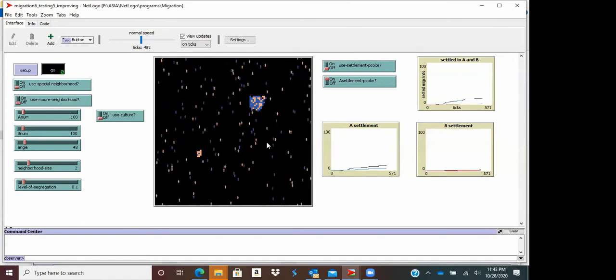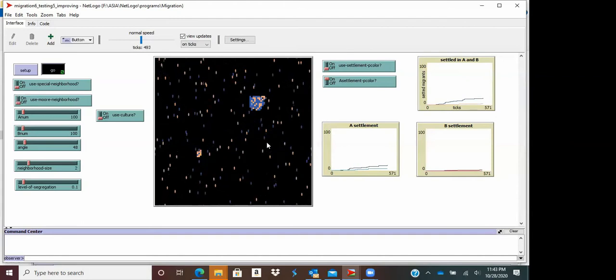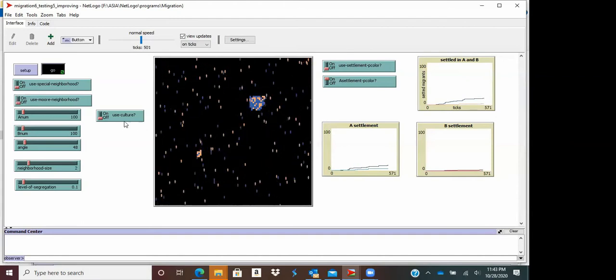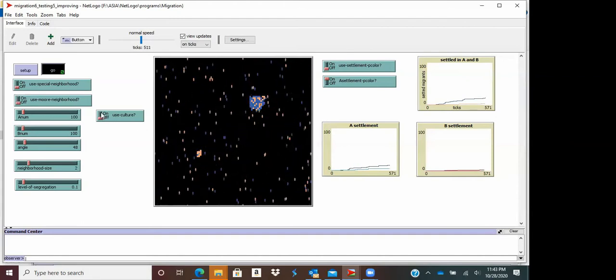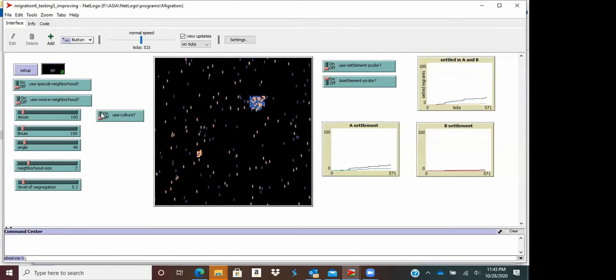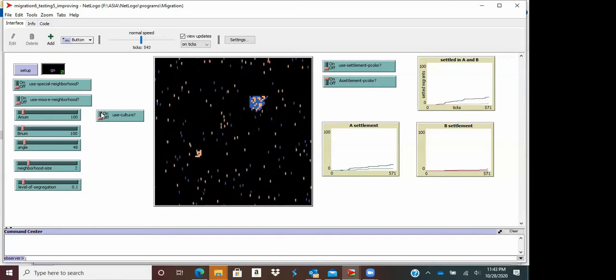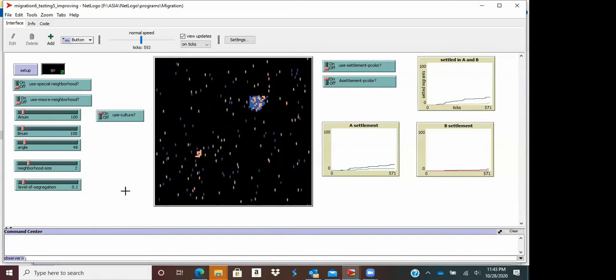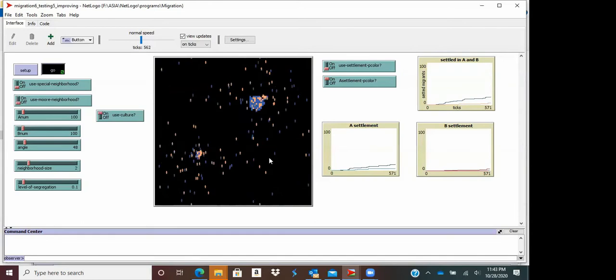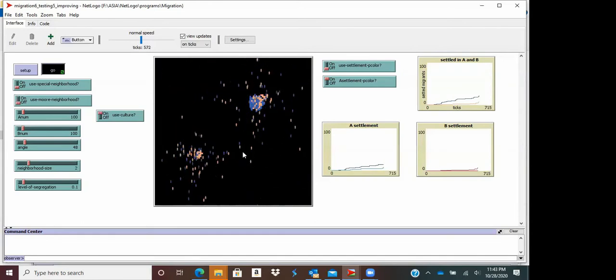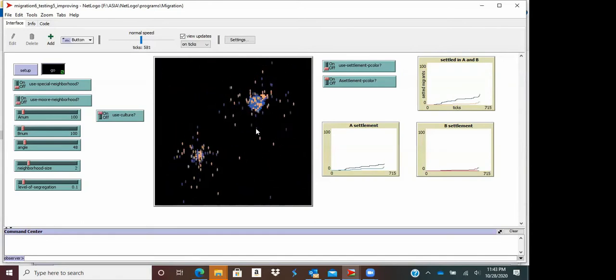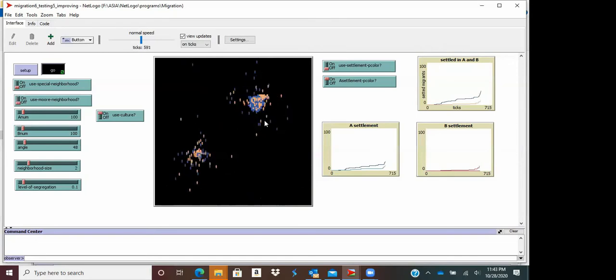So to make this process more interesting, let's also switch on this. This switch asks, do you want to use culture as a draw, as attraction? And let's say yes. Okay. After that, you can really begin to see that each of those migrants begin to move more quickly toward the neighborhood of their own color.